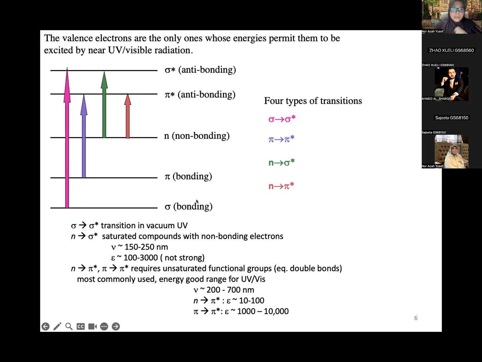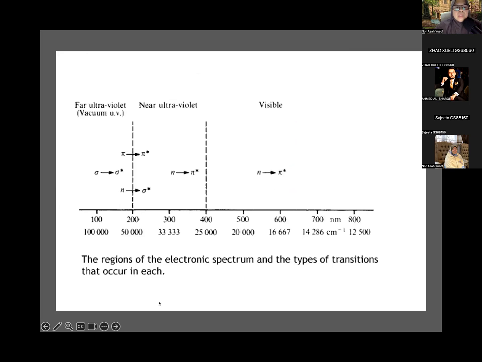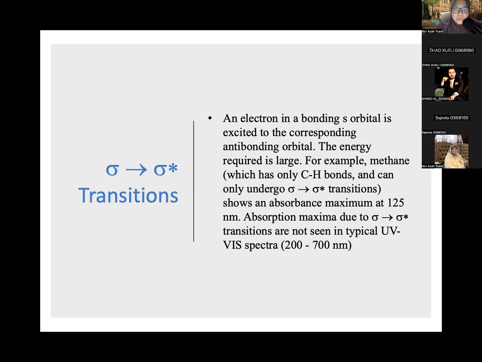So again, this is the type of transition. Why is the transition very important? Because that's the one that is observed when you run UV-Vis spectroscopy or a spectrophotometer. So this is the detail of the transition.